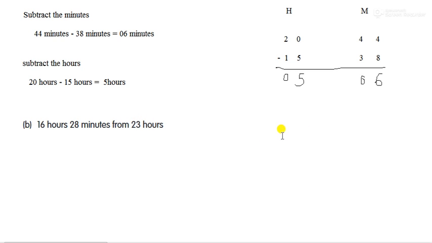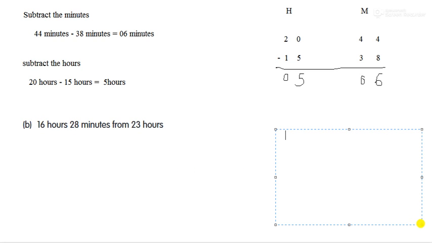So this is greater than this number. So from the 23 we have taken 1 hour, so that is 60 minutes. So 23 minus 1 hour is equal to 22 hours. So if we regroup from 23, it will remain as 22 hours.